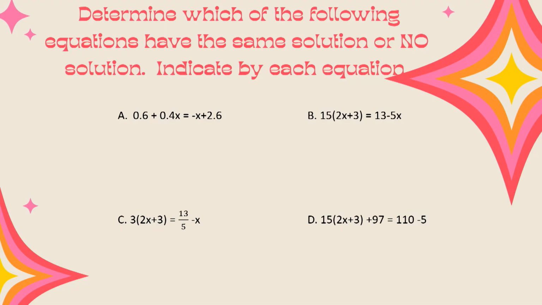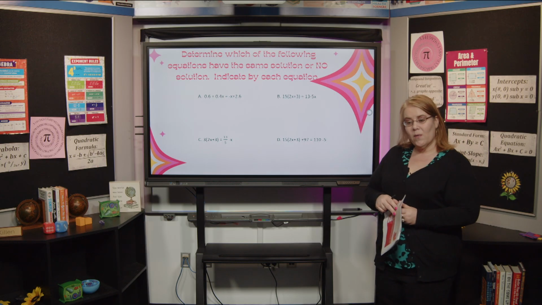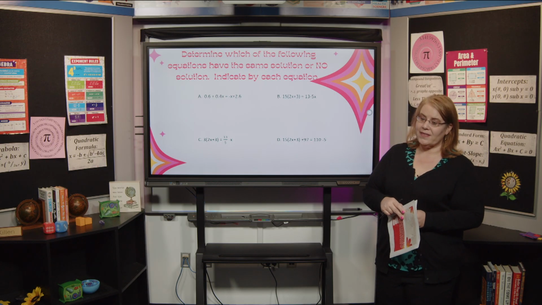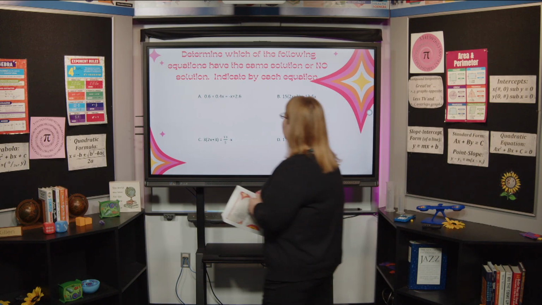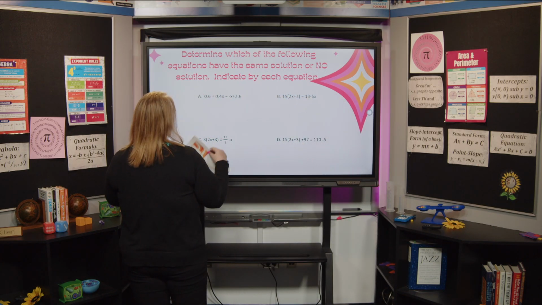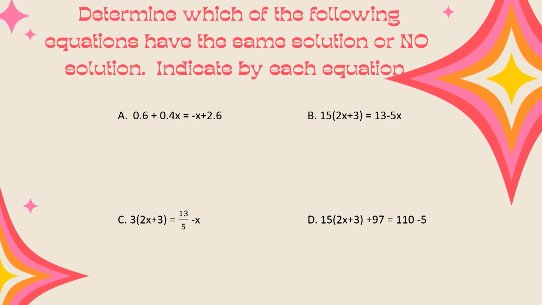All right, here we go. Check my work as I'm working and see if you got the same thing I did. So for A, I have 0.6 plus 0.4x equals negative x plus 2.6. So the first thing I'm going to do is put my like terms together. So I'm going to add x to both sides. Now, what's in front of every variable ever known to man? It's an understood 1.